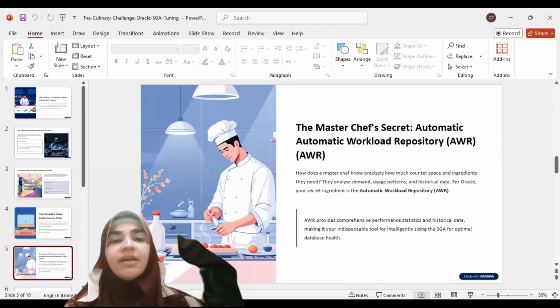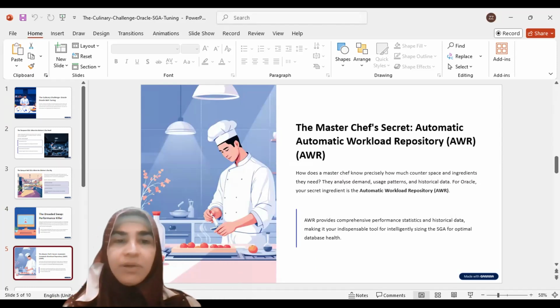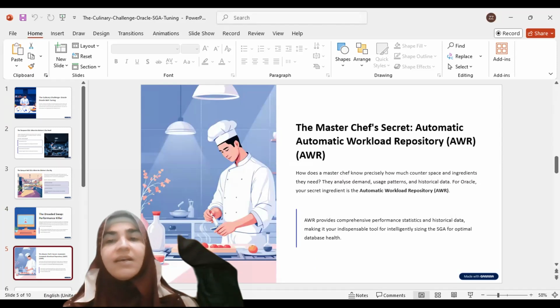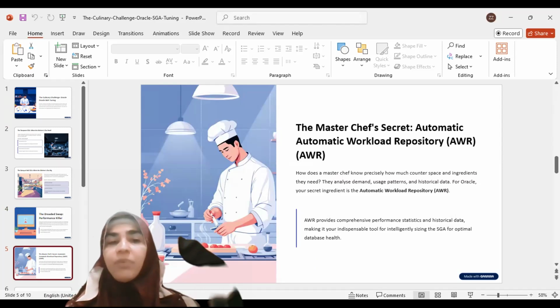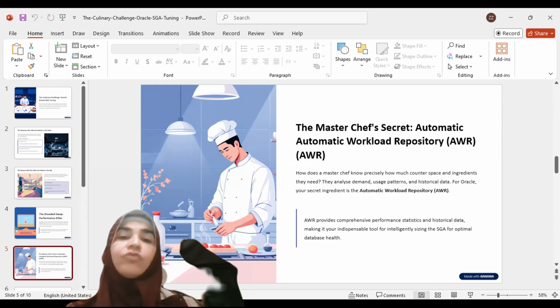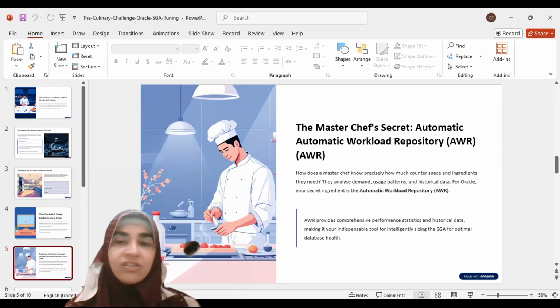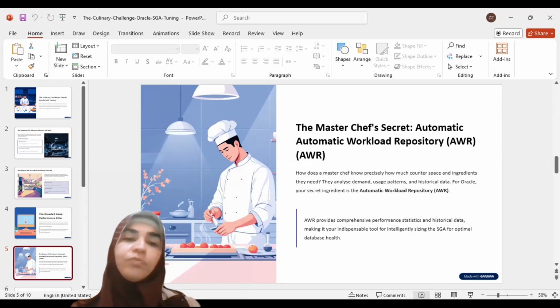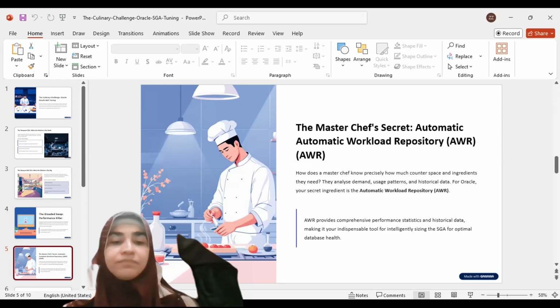It doesn't just dump numbers. It offers advisories that tell us how memory changes will affect the performance. So with AWR, we are not guessing. We are making data-driven decisions, just like a chef preparing a menu based on past orders.